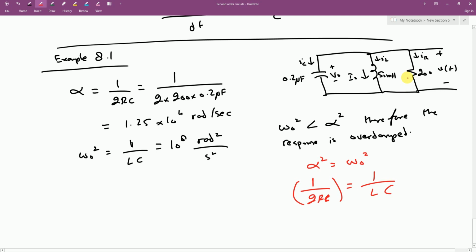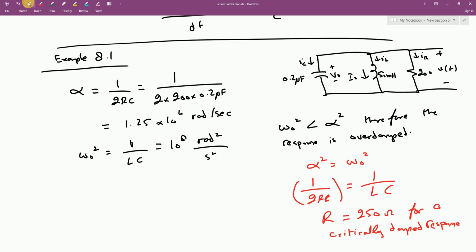So if for this given circuit we want to create a critically damped response, then keeping the values of L and C as they are given in this circuit, the value of R can be notified as 250 ohm for a critically damped response, right? For a critically damped response.